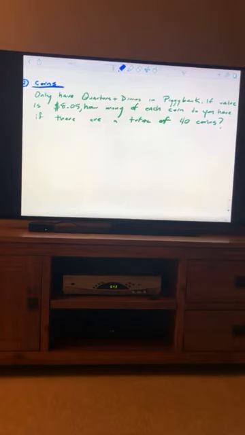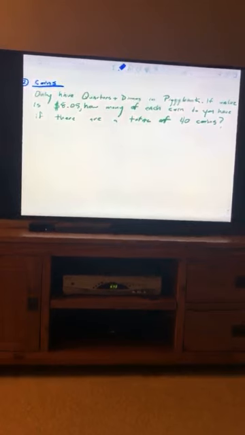So this says you only have quarters and dimes. Let's say the value is $8.05. How many of each coin do you have if there's a total of 40 coins? So 3 pieces of information here: you have quarters and dimes, you have $8.05, and a total of 40 coins.